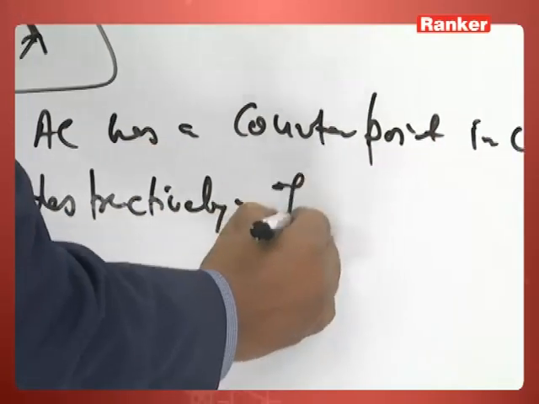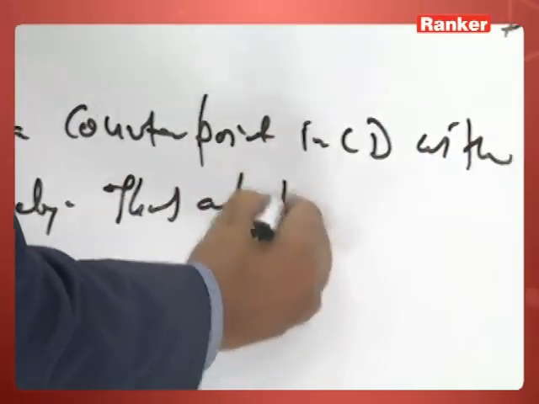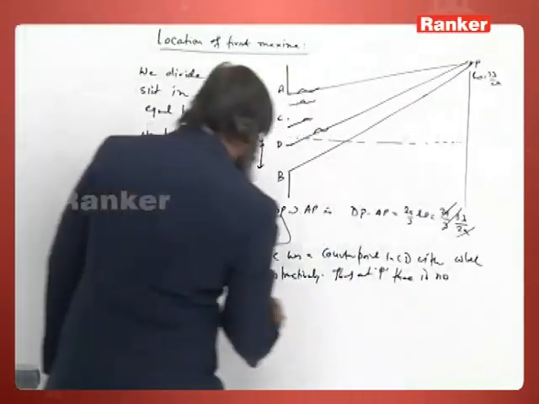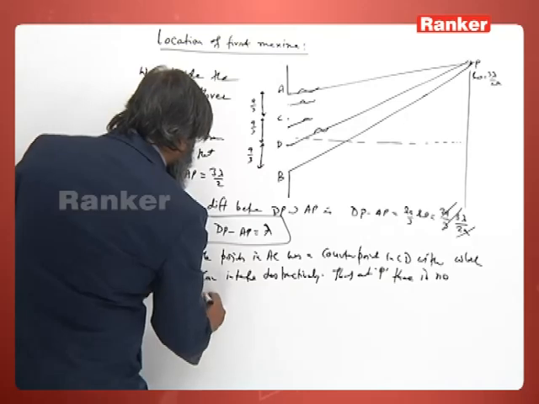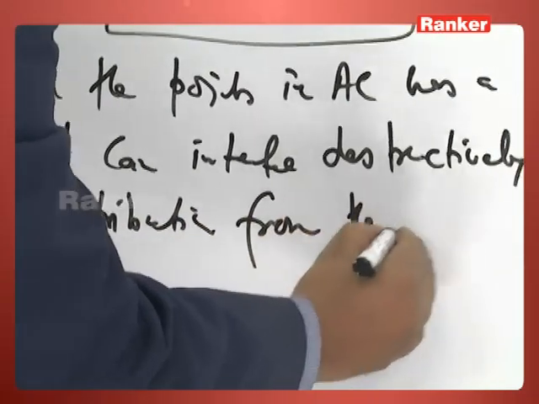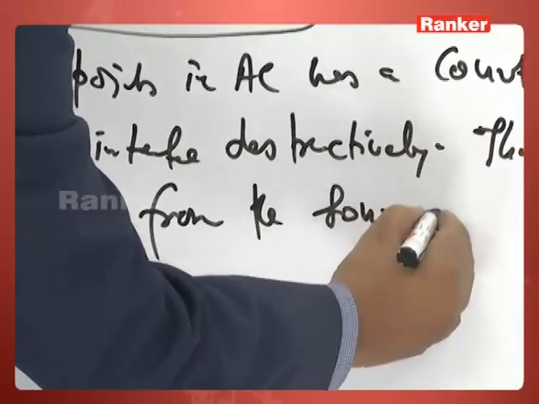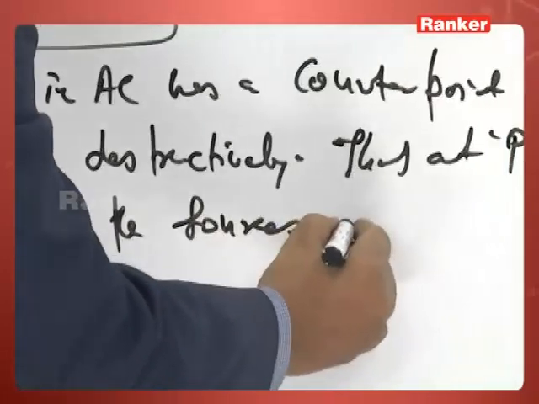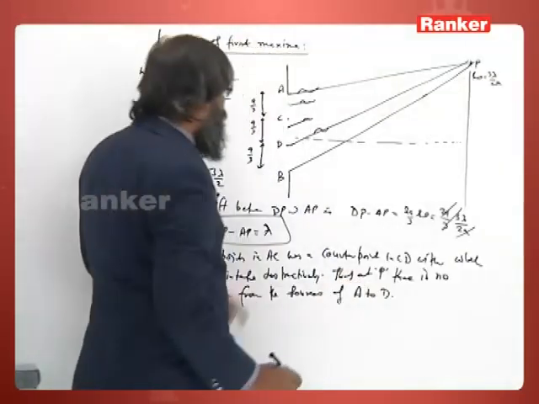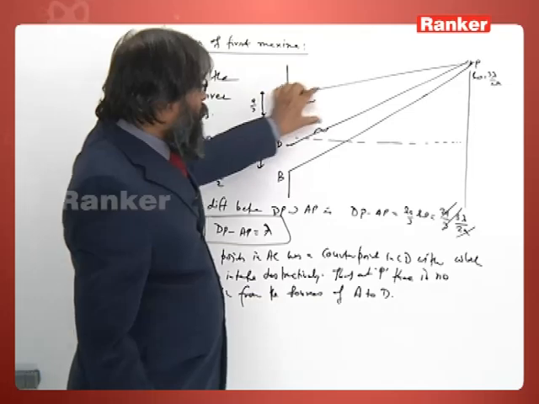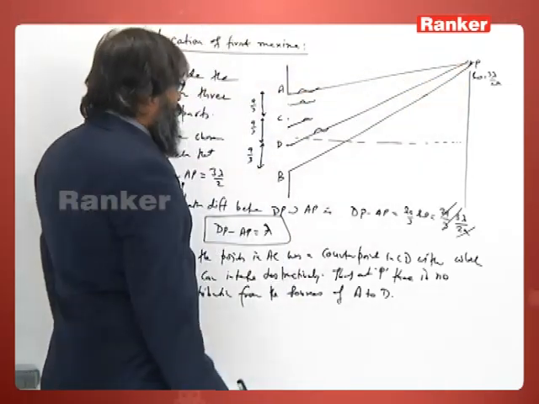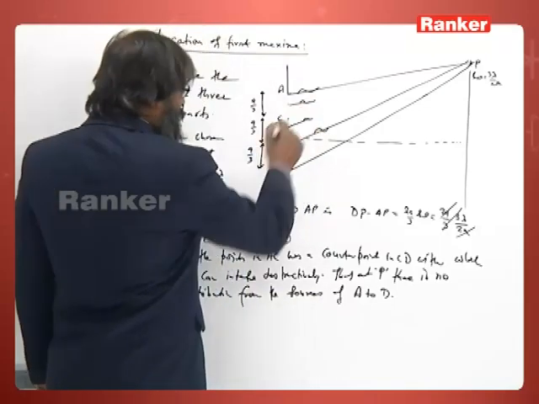Thus, at P, there is no contribution from the sources of A to D. A to D, no source will contribute at P. They are going to destroy each other.